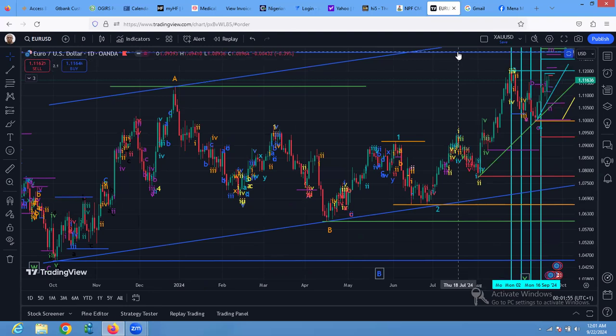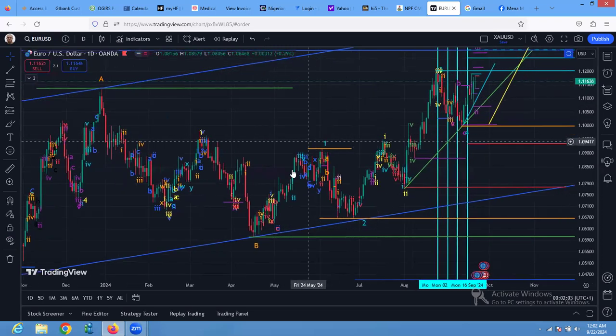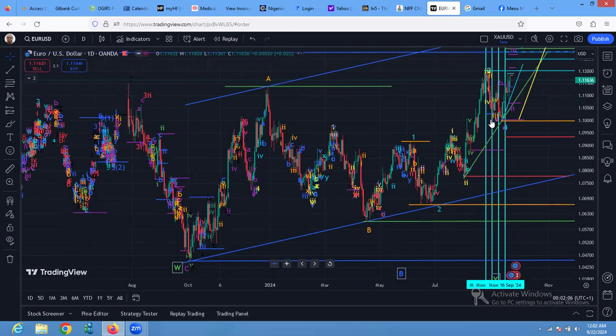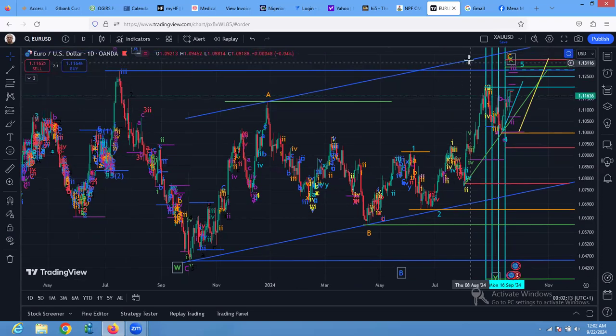Price looks destined to hit 1.12750 now. So that is what I can see. And hitting that area, we will then know what you have been carrying from here, how deep it's going to go up and take some other structure.